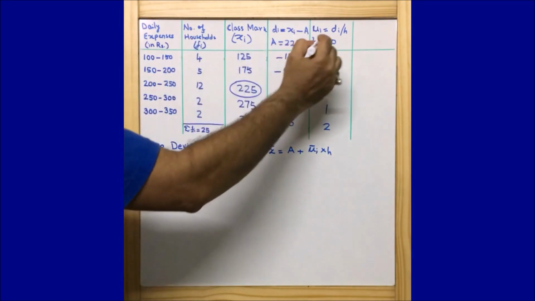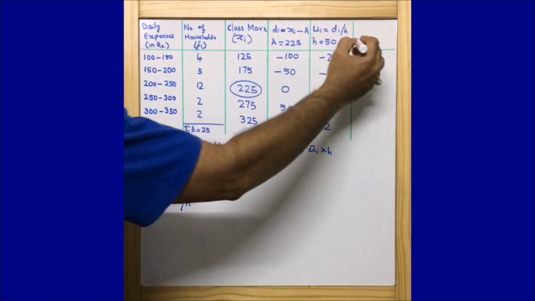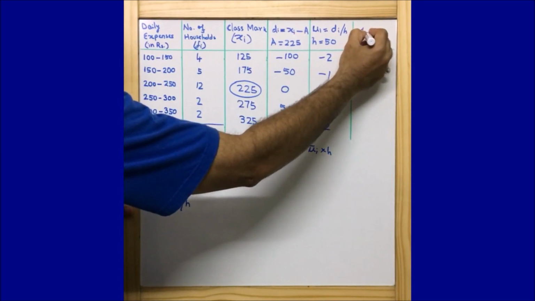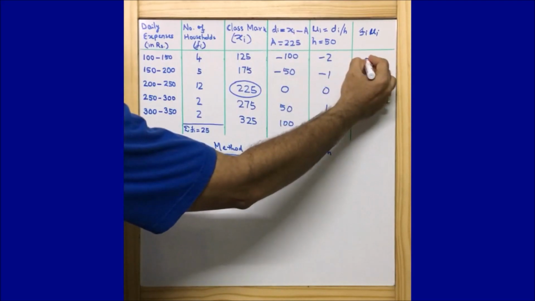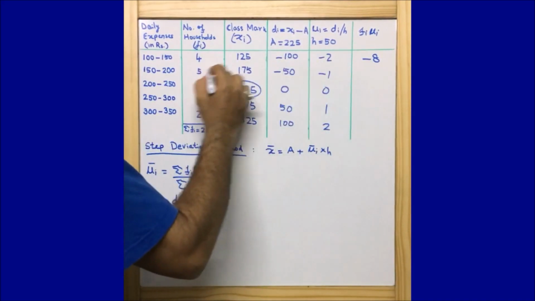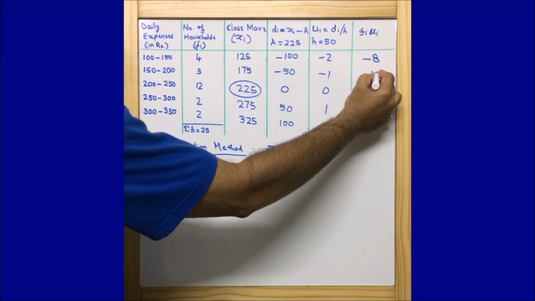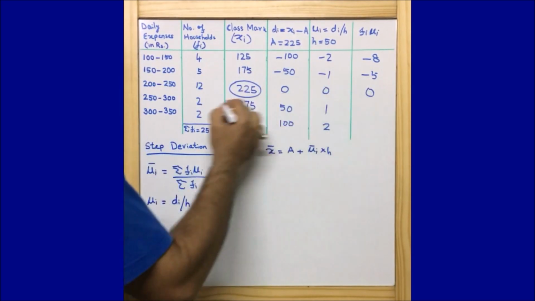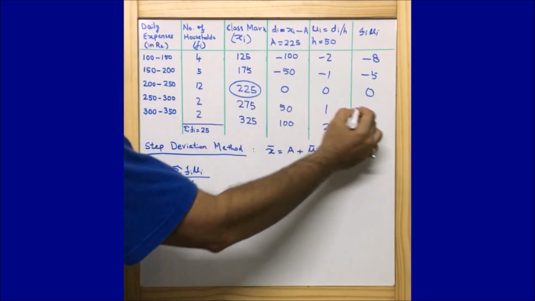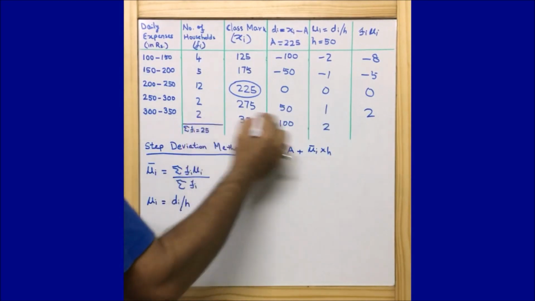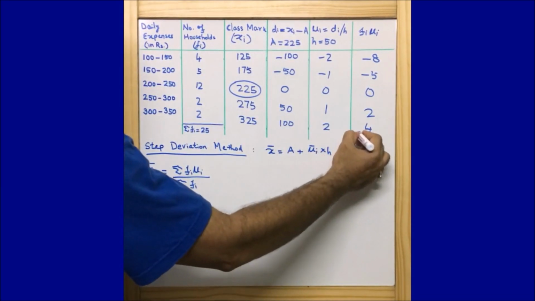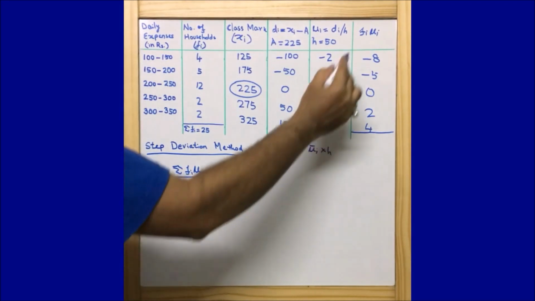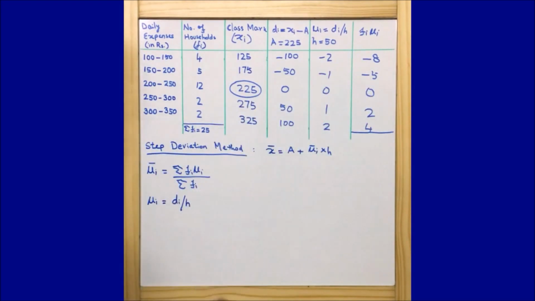Now, in the last column, let us take fi ui. 4 into minus 2 is minus 8, 5 into minus 1 is minus 5, 12 zeros are 0, 2 ones are 2, and 2 twos are 4. This is what we got: minus 8, minus 5, 0, 2, 4.